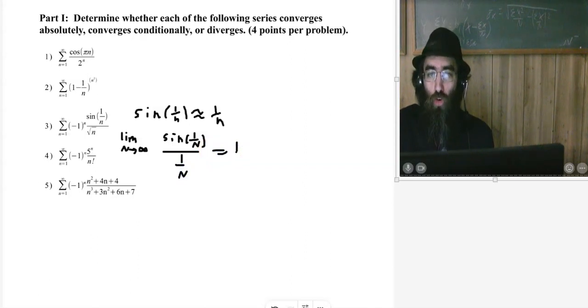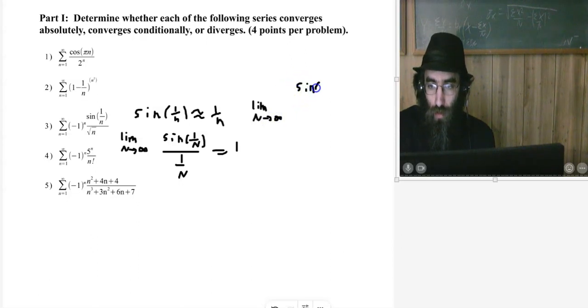And this gives you a limit comparison to do. You can compare limit as n goes to infinity, sine of 1 over n over square root n over 1 over n over square root n.